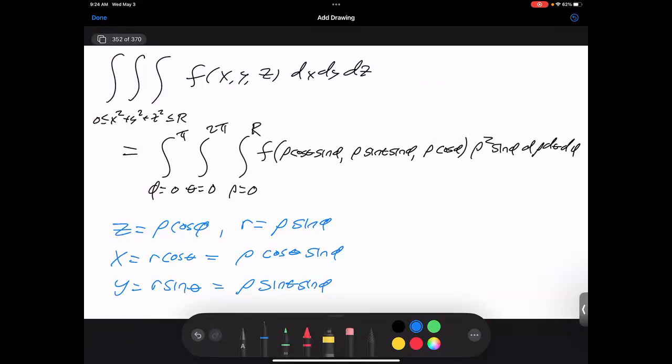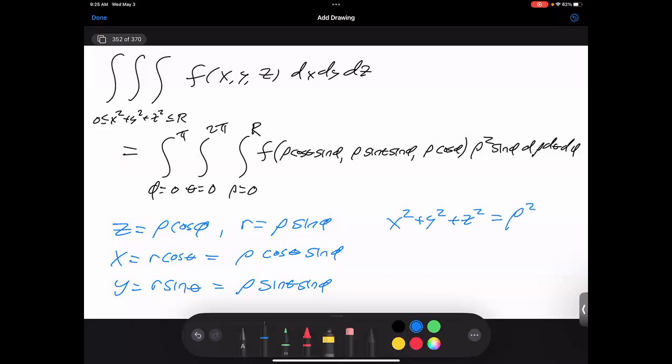Going back, this is something we did early in the semester. You've got to remember this. If z is rho cosine phi, x is rho cosine theta sine phi, y is rho sine theta sine phi, then x squared plus y squared plus z squared, if you do the algebra, is rho squared.